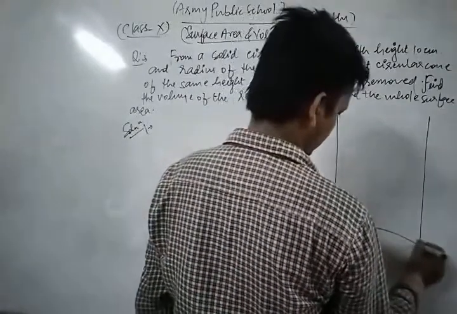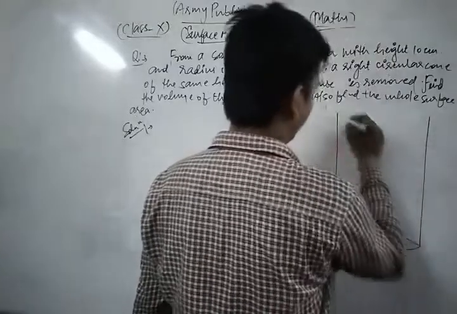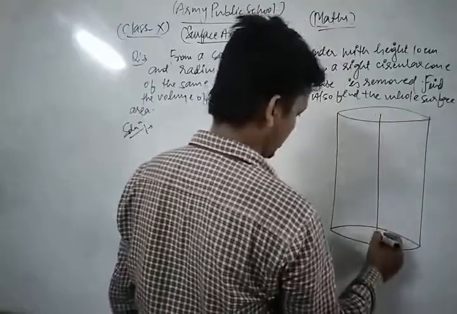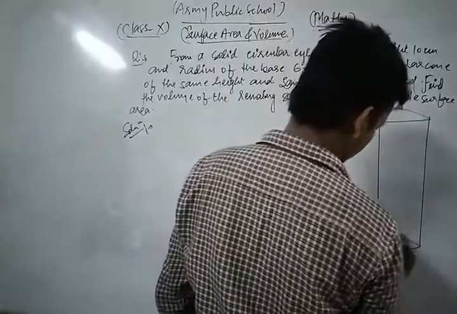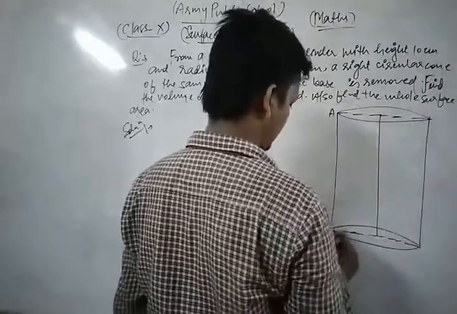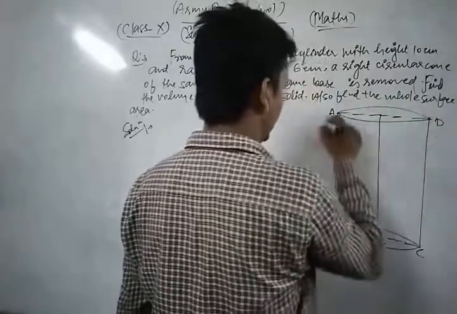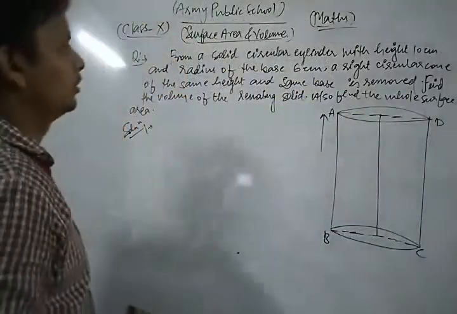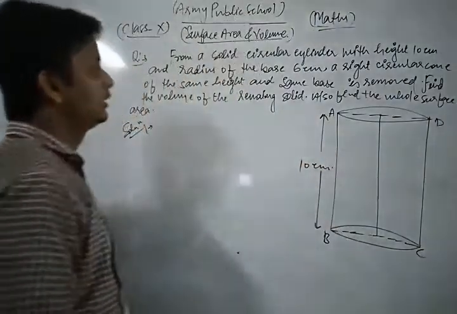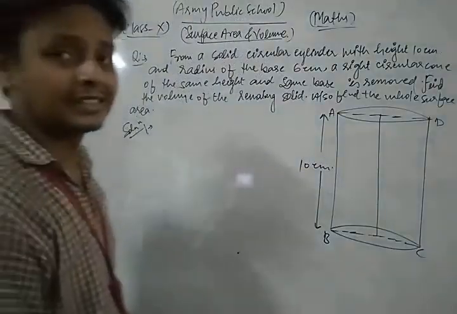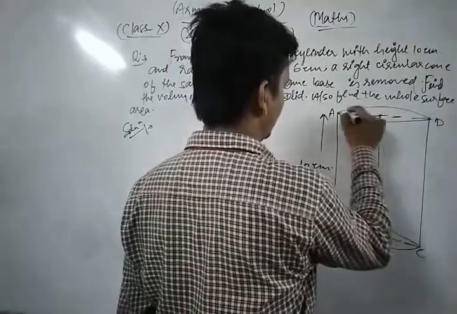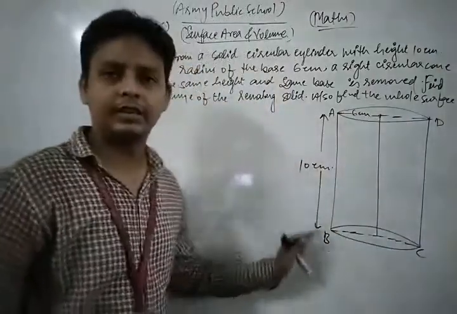This is the form of the solid cylinder, A, B, C, D. The height of the right side of the solid cylinder is 10 centimeter, and the radius of the base is 6 centimeter. This is given in our question.